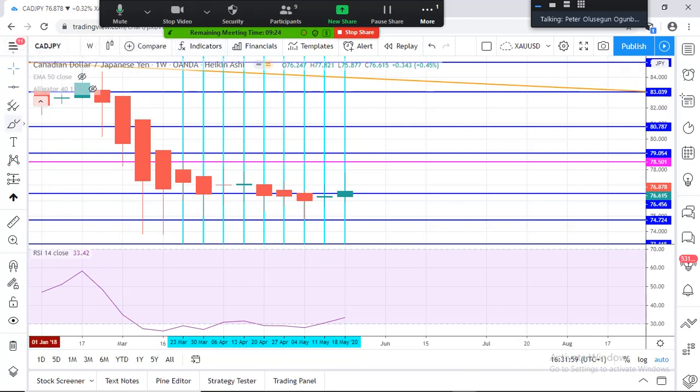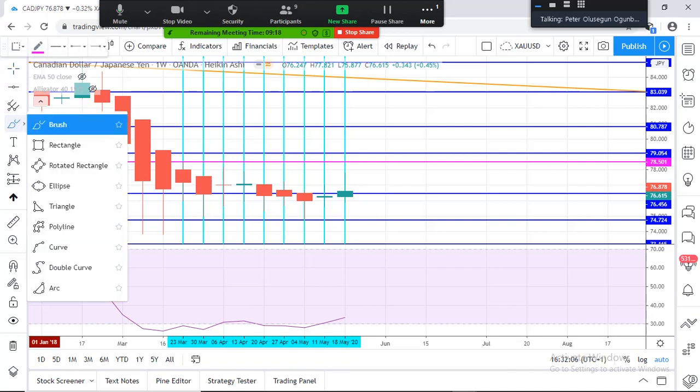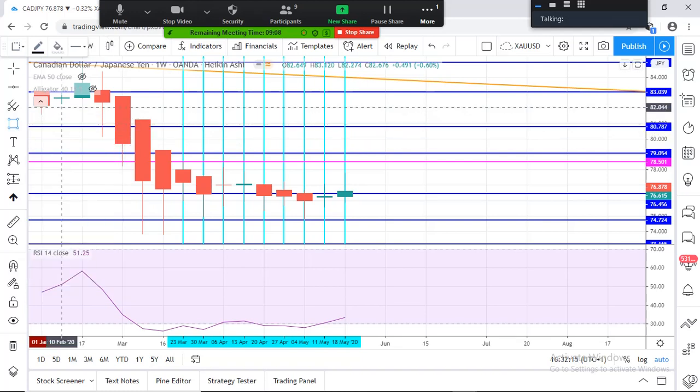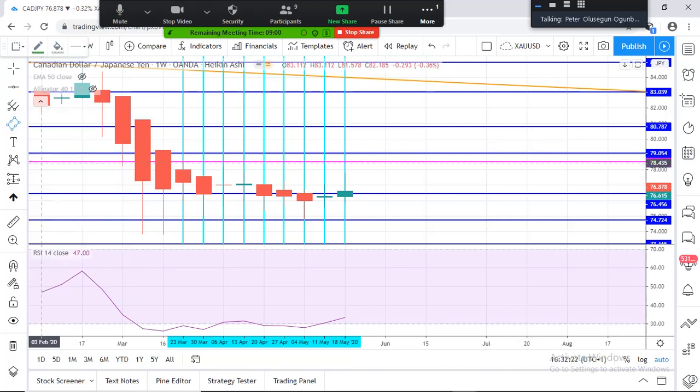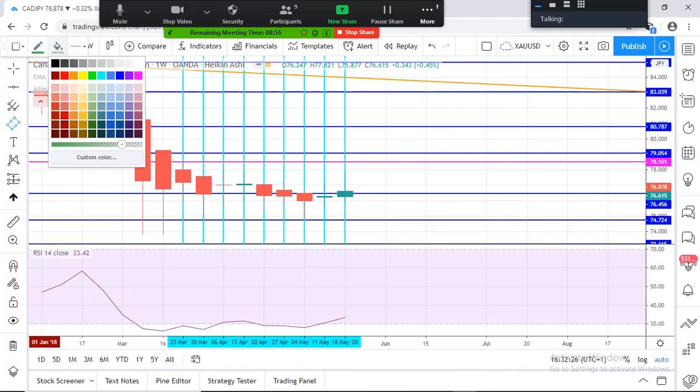So let me take my brush and paint. Let me pick the rectangle.